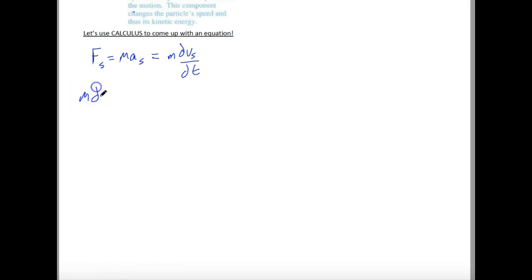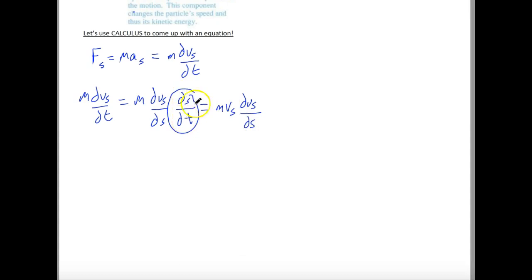So we know m dv_s over dt. And so here we're going to say this is mass times dv_s over, and then we're going to do ds. So remember, as long as we multiply the bottom and the top by ds, then we can do this for the chain rule. Our ds over dt becomes v_s, so this is m v_s times dv_s over ds. So we took this, and because it's change in position over change in time, that is velocity, and that is where it goes.